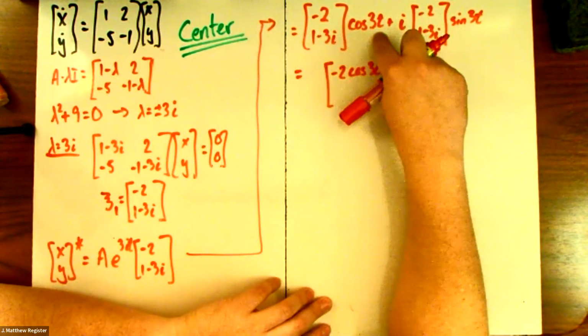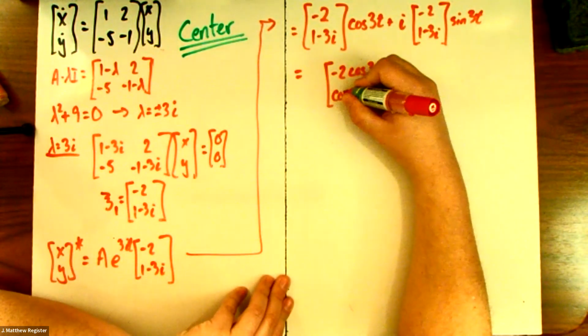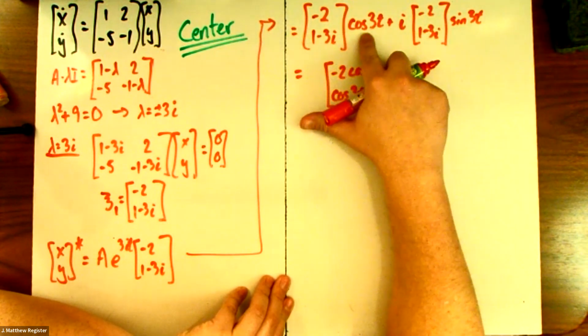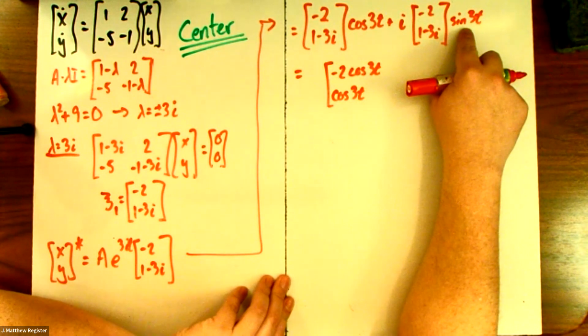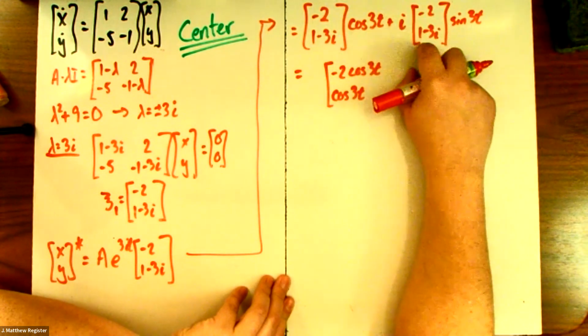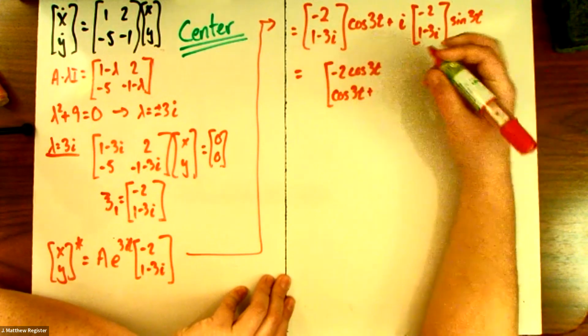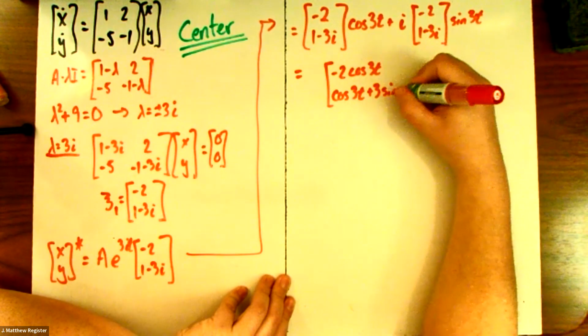The 1 cosine of 3t, that is going to be a real term. The 3i times that is going to be imaginary. The i times 1 times sine of 3t is imaginary. The i times negative 3i is going to give a plus 3 sine of 3t.